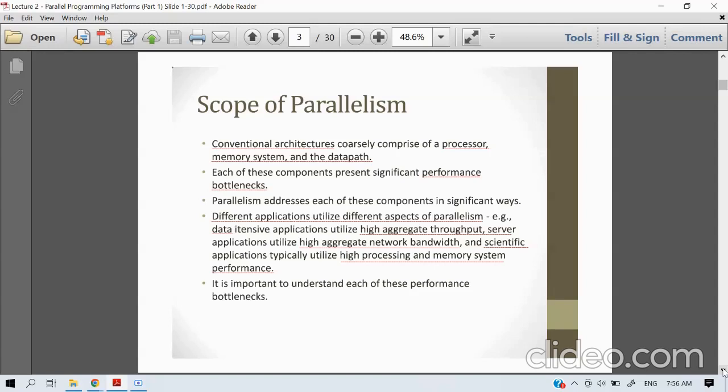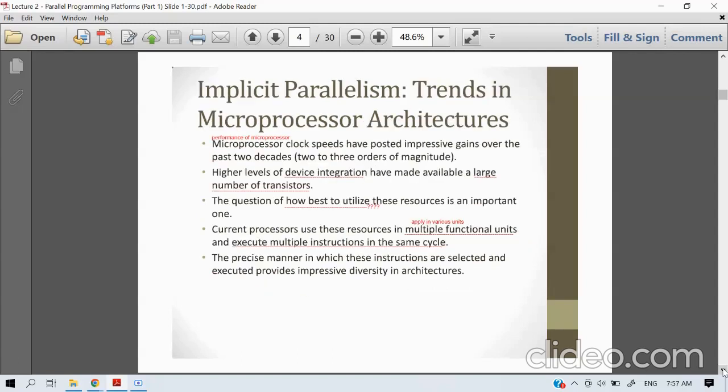For example, data intensive applications utilize high aggregate throughput, server applications utilize high aggregate network bandwidth, and scientific applications typically utilize high processing and memory system performance. So it is important to understand each of these performance bottlenecks, right?